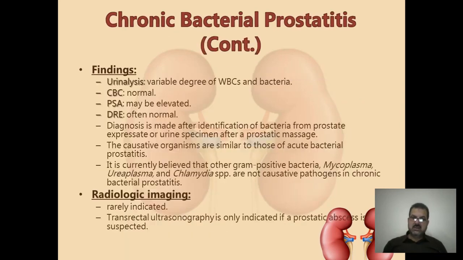Some patients will be asymptomatic, or will not have serious symptoms, just discomfort in the pelvis or perineal area. They will not be happy with sexual intercourse. It can affect their libido.